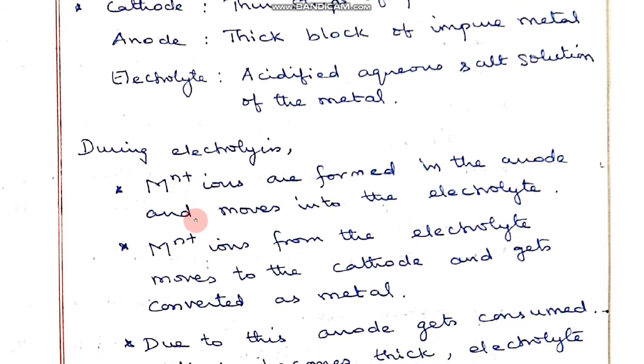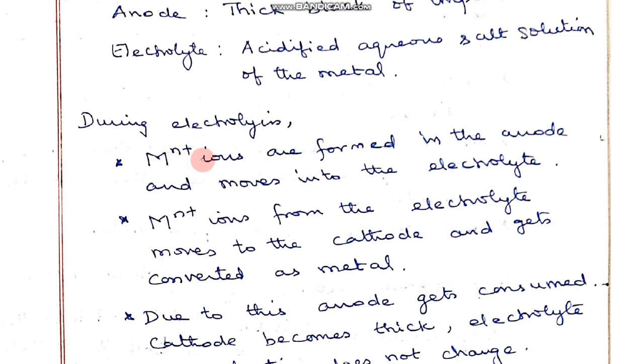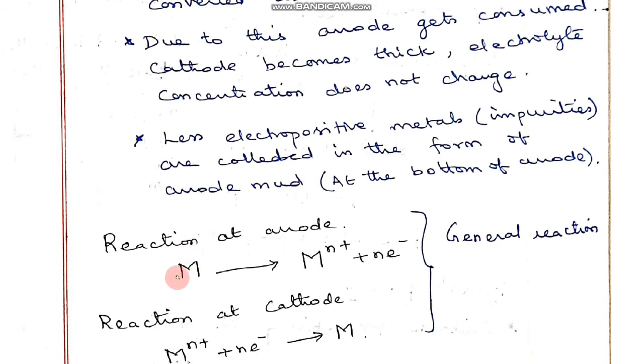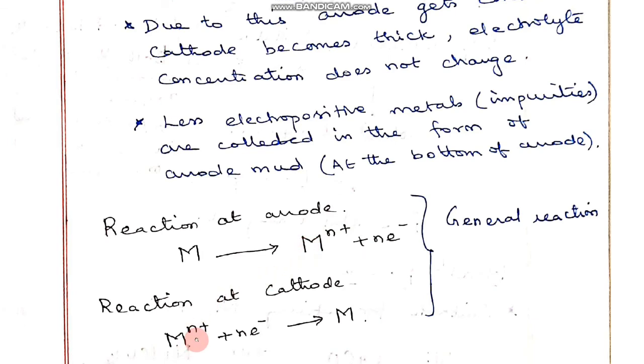During this electrolysis, at the anode, the metal present in the impure anode is converted to the ionic form by the loss of electrons, and these ions move into the electrolyte, and from the electrolyte the ions move towards the cathode, where they undergo reduction to form the metal. So this is what is happening here.